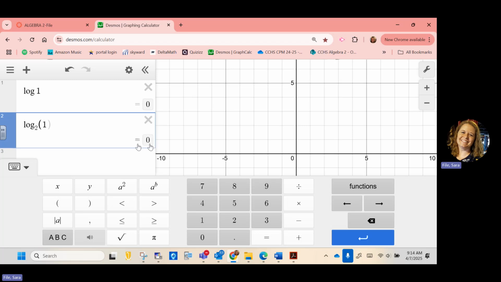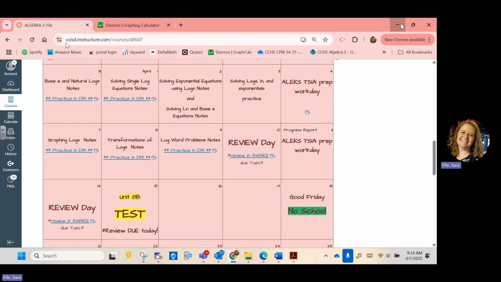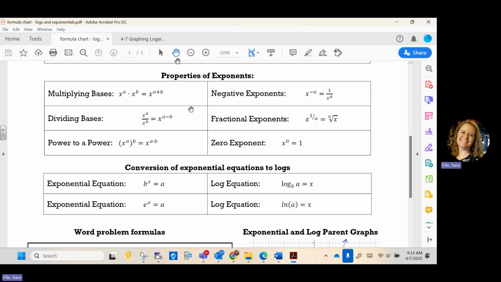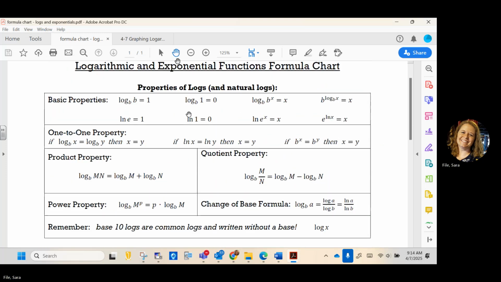If it was a base 25, still 0. If it was a base 250, still 0. You get the idea. Log of 1 equals 0. Okay. And I actually think I put that on your formula chart as well up there in the basic log rules. Yeah, log, no matter what the base is, of 1 is always 0.